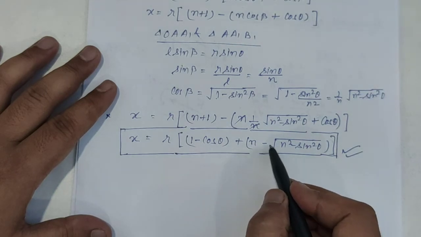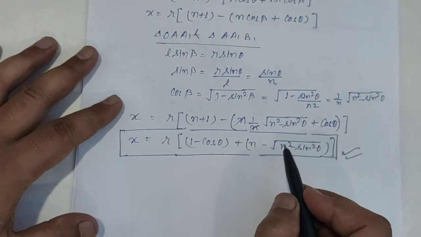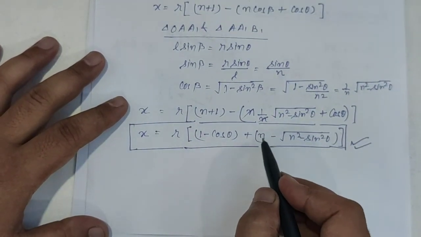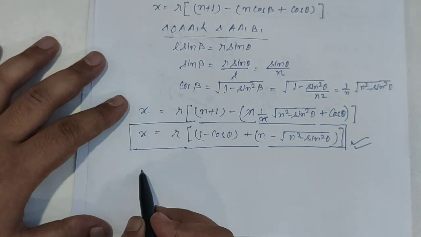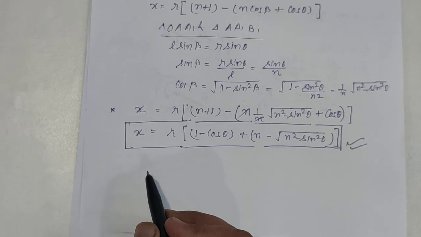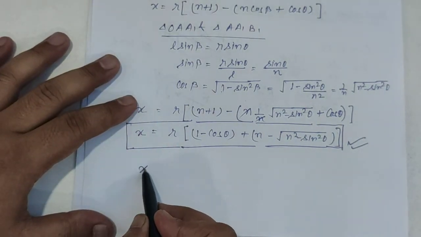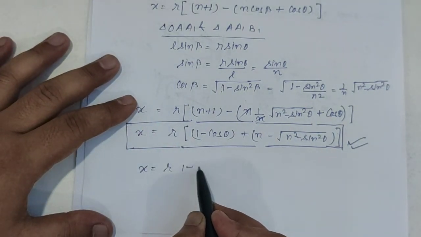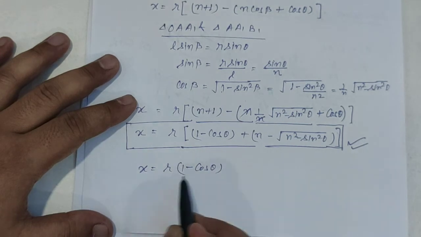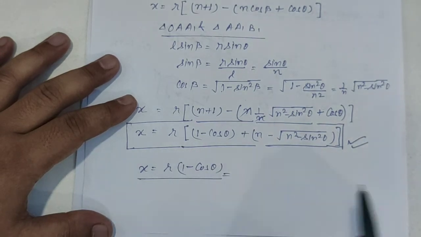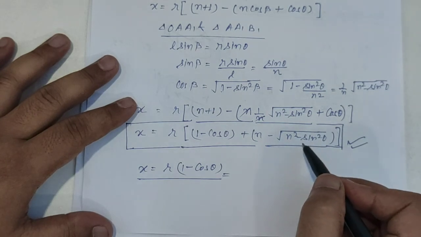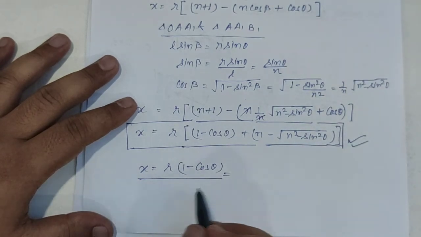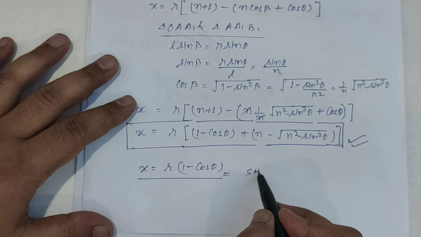Approximately we can say that this value is coming to be 0. So the approximate value of displacement is x equal to r into 1 minus cos theta. This is not the exact value, this is approximate. Whenever we have considered this n square is very large as compared to 1, this is the expression for simple harmonic motion.